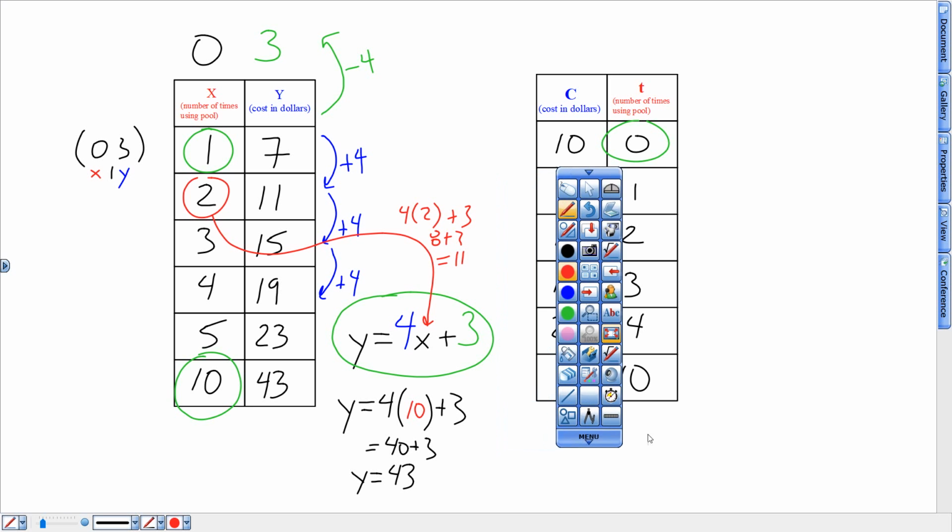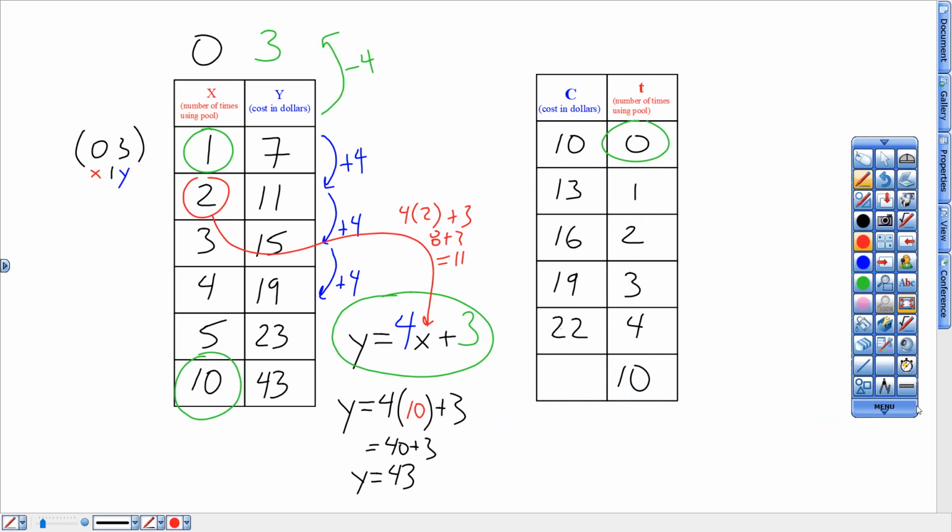All right, now if the data is flip-flopped on you, remember these points that we're going to graph them just like we would on an XY axis, but instead of the y-axis being y, we use the y-axis as c to represent cost, and we use t for the x-axis time, knowing that these points, it looks like it's 10, 0, but it's not.